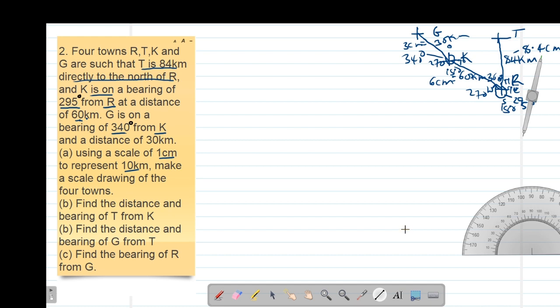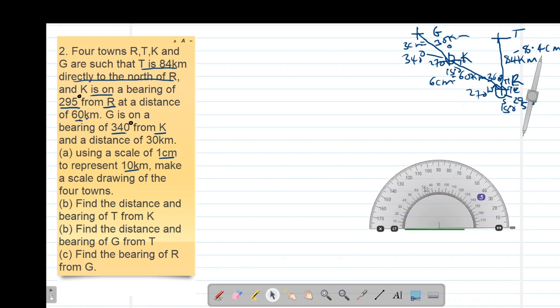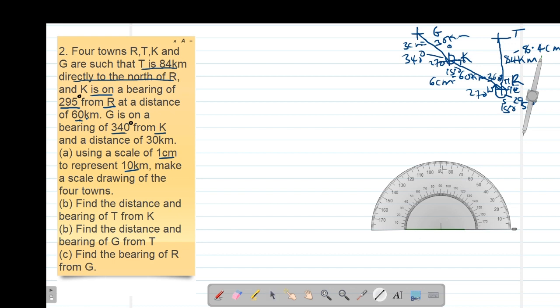So I'll make a line for my point R. Then using my protractor, I need the angle to be 90. So I'm simply going to align it to this line. Then where I have 90 degrees, I'm going to draw a line. Then I'll make the line long enough, because I know that I need point T on top of that.